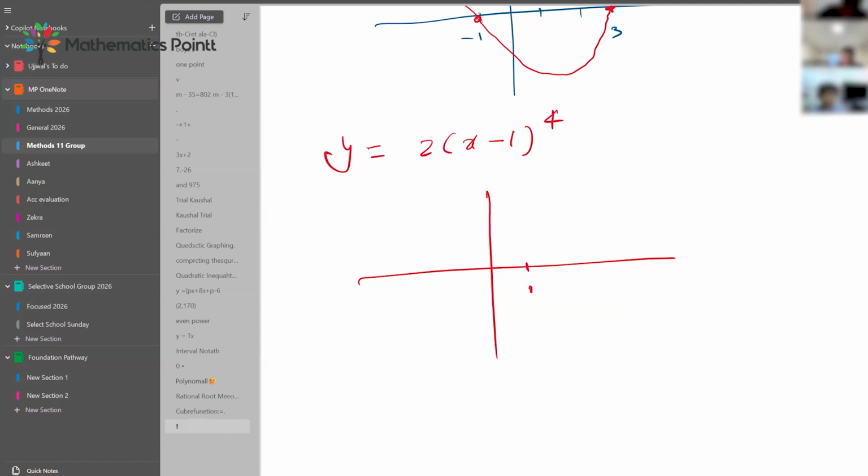How is this going to look? Come here. Now, the bigger the degree goes, as the even degree goes higher, the parabola starts to dilate more. So if, for example, this was not a quartic but a 6-degree polynomial, how would this look? It will look something like this.